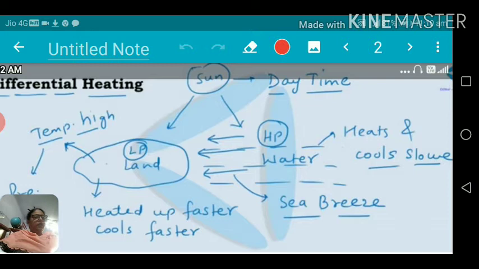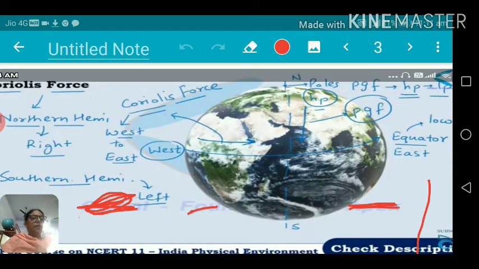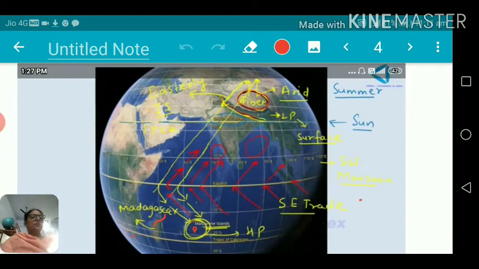Water heats and cools slower than land. Land temperature is higher than water in the day and lower at night, because land heats up faster and cools off faster than water. Once we understand this fact, we will apply it to the direction and movement of the wind.